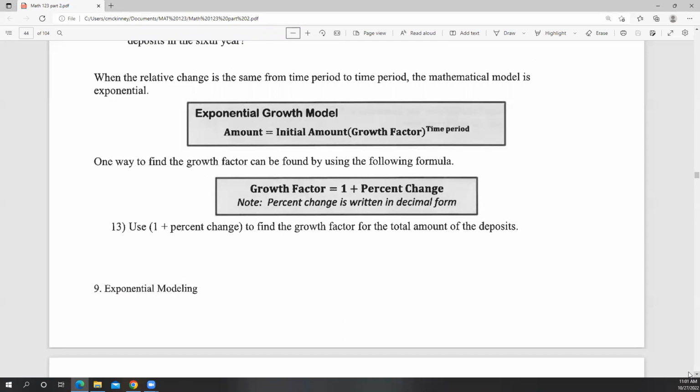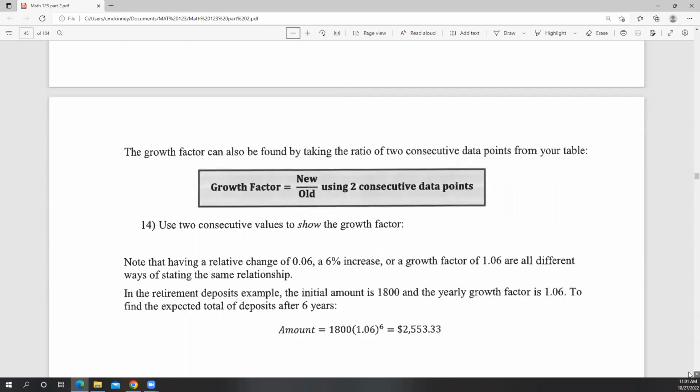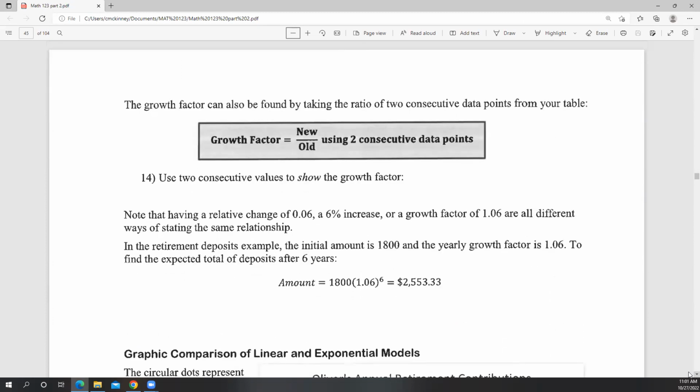And so if we want to find the growth factor besides what we've already done, like we knew this was 6%, if we just had the table, then if we use 2 consecutive values and the new divided by the old, that would give us the growth factor.